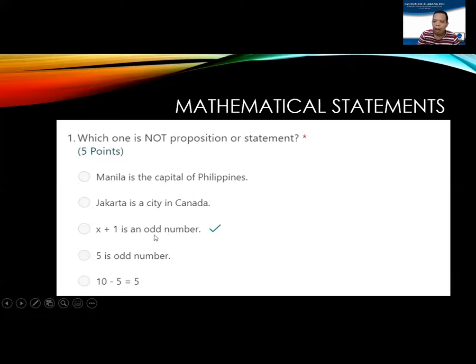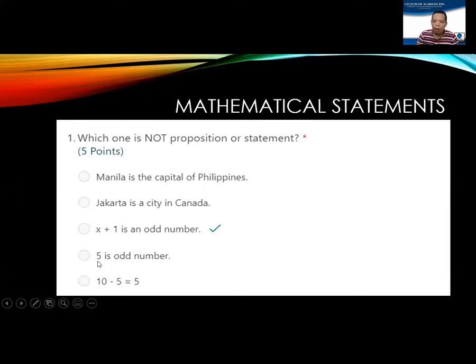X plus 1 is an odd number. So in this question, which one is not a proposition? Choice number 3, x plus 1 is an odd number. This is not a statement because there is an unknown value for variable x. Therefore, we cannot actually say that this statement is true or false because something is missing.